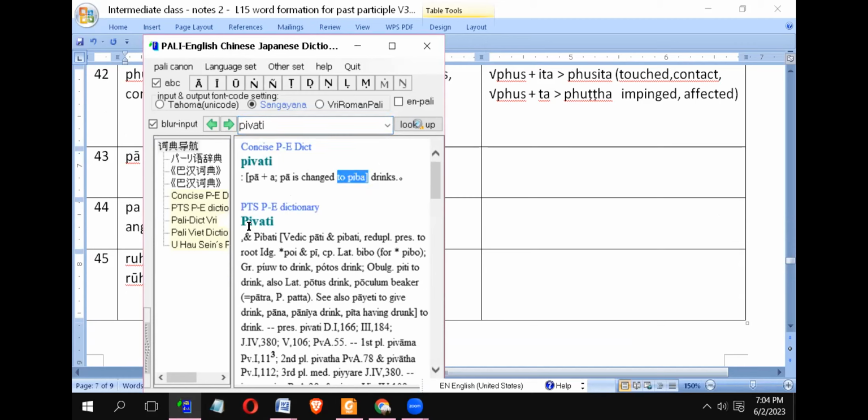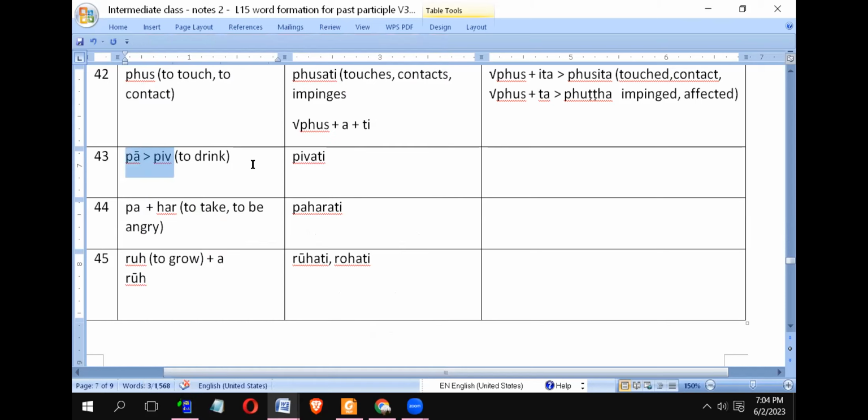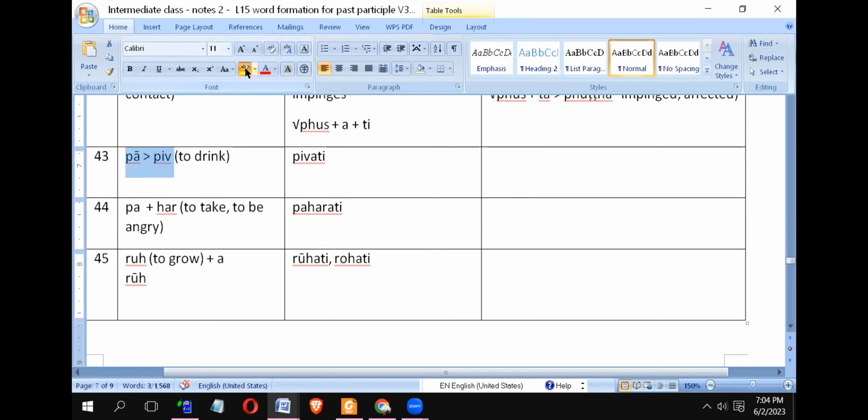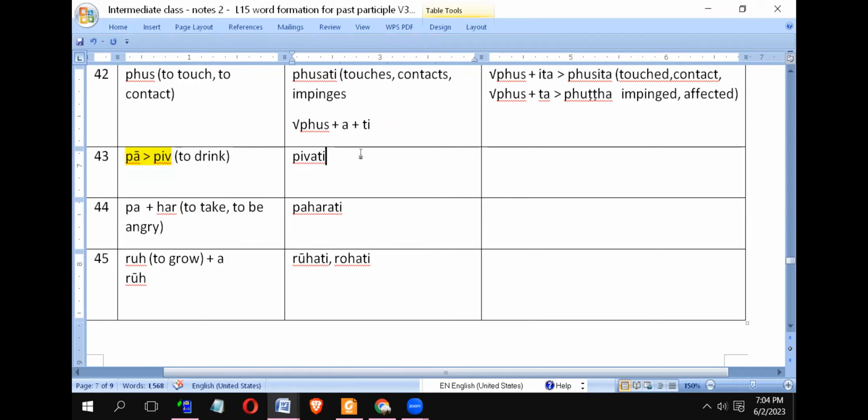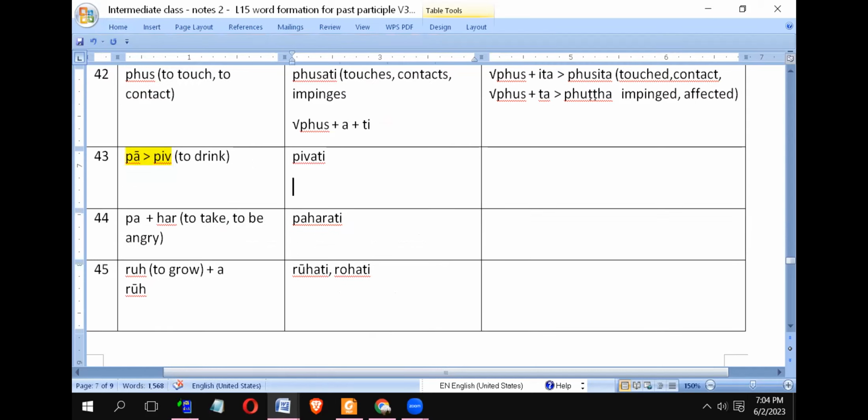According to Vedic, it is coming from the Vedic Pivati, but actually it also doesn't give us the answer. Then in this case, you just need to memorize it as a special case like this.